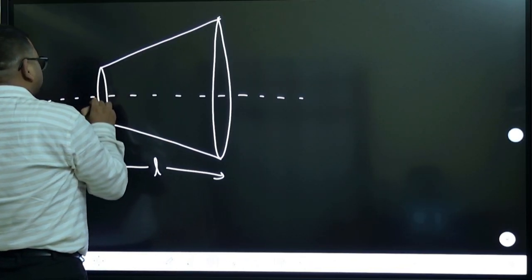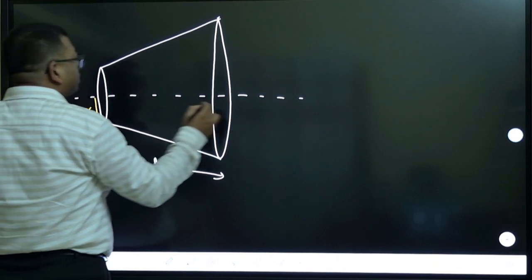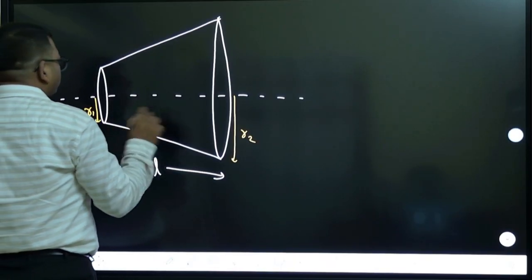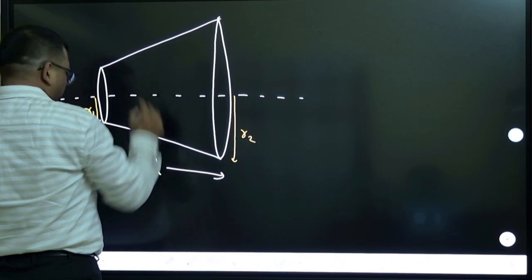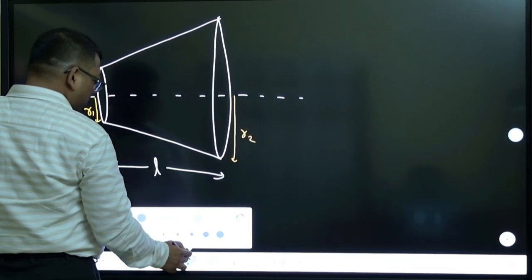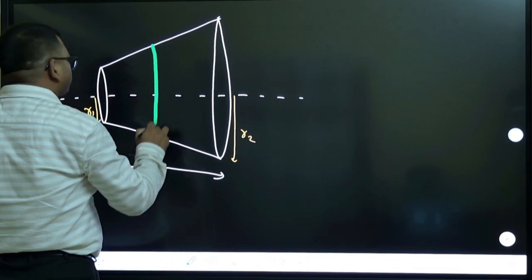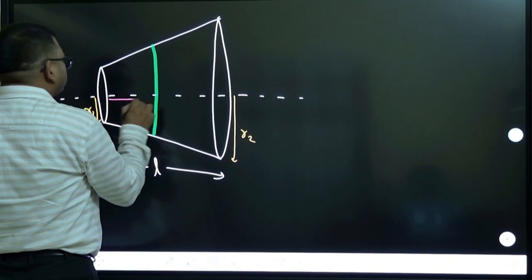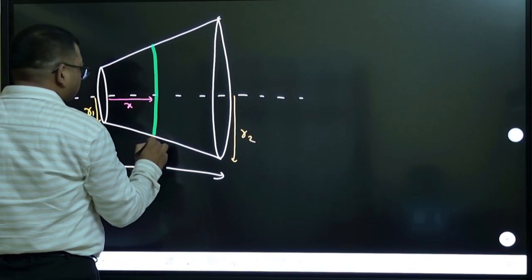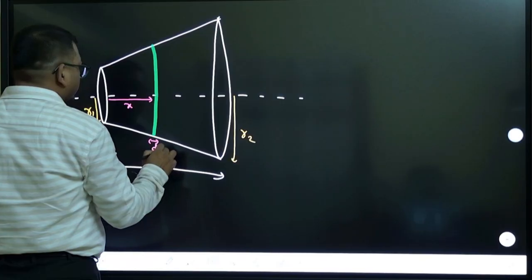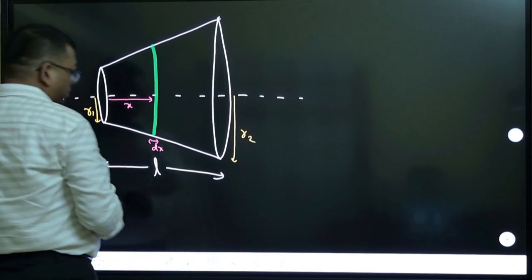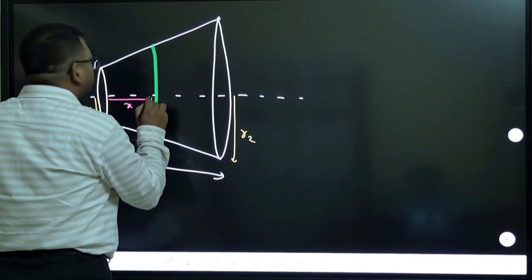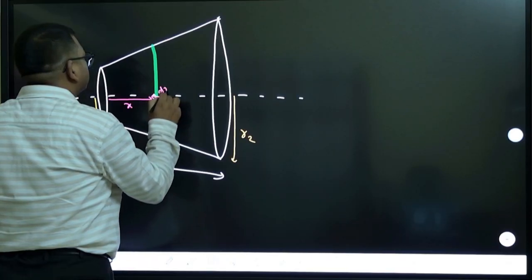Here the radius is, let us say, R1, here the radius is R2, and the total length is L. Suppose I take a small element at a distance of x, and its thickness is dx. The thickness along the axis is dx.